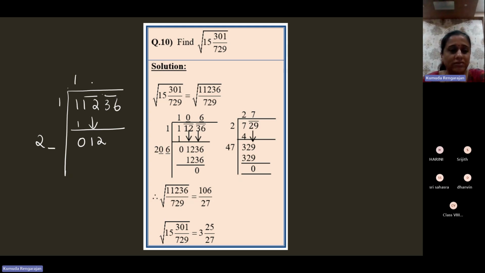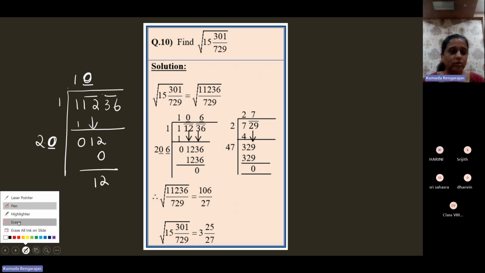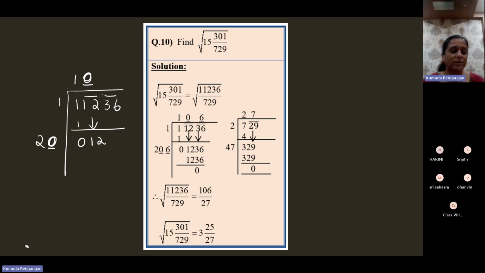Whatever you place here, you must place the same thing here. Place a 0 here and a 0 here. 20 into 0 is 0 and you'll get the same 12 down. So instead of doing that, after placing the 0, 0, bring the next pair down, place a digit here and the same digit here, and continue the same step.